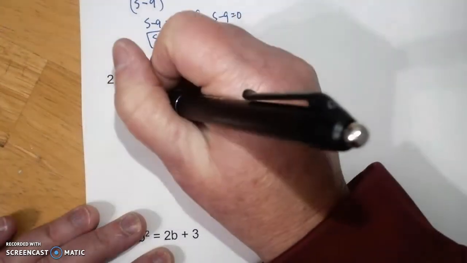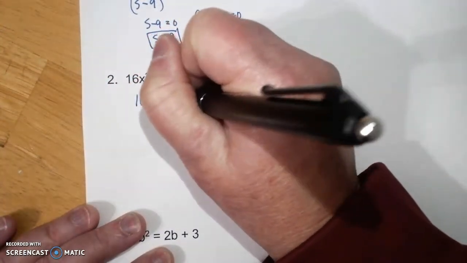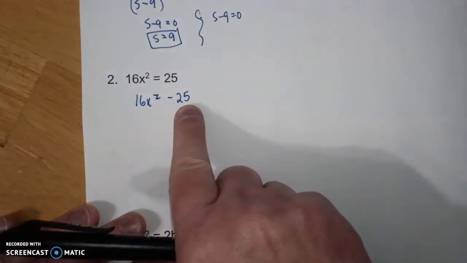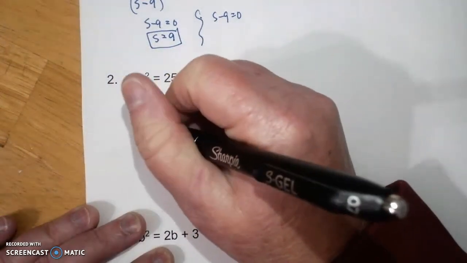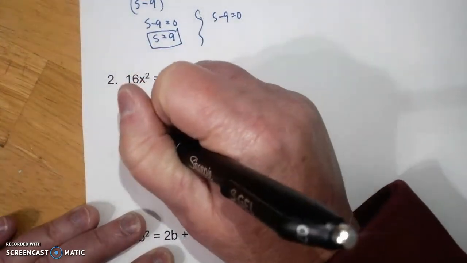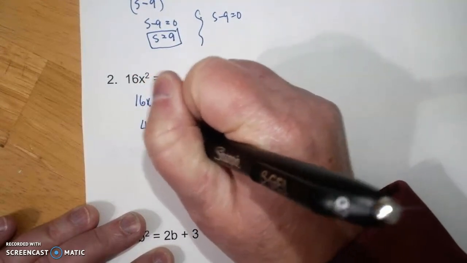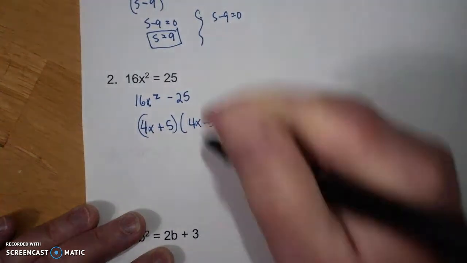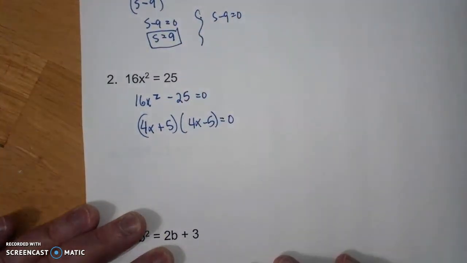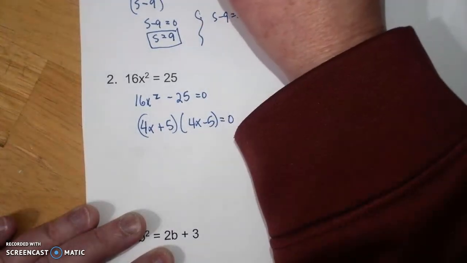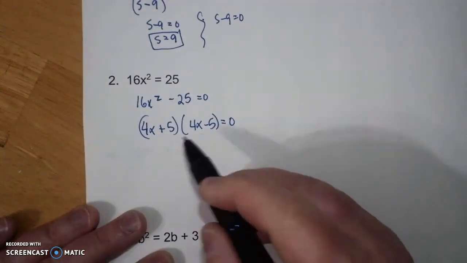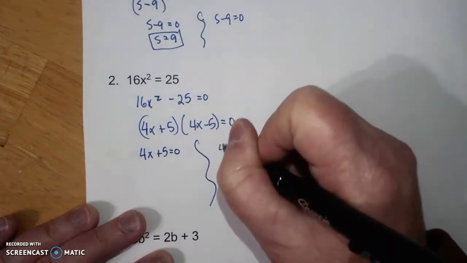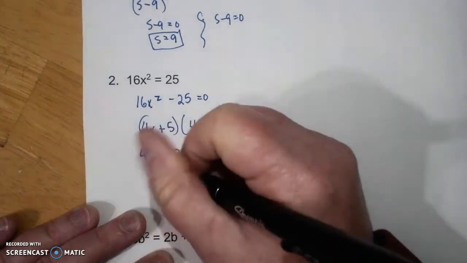Remember, set it equal to 0: 16x squared minus 25, no middle term. Pay attention, these are perfect squares. That's a difference of squares, so that is 4x plus 5 and 4x minus 5 equals 0. Then we are going to do 4x plus 5 equals 0 and 4x minus 5 equals 0.